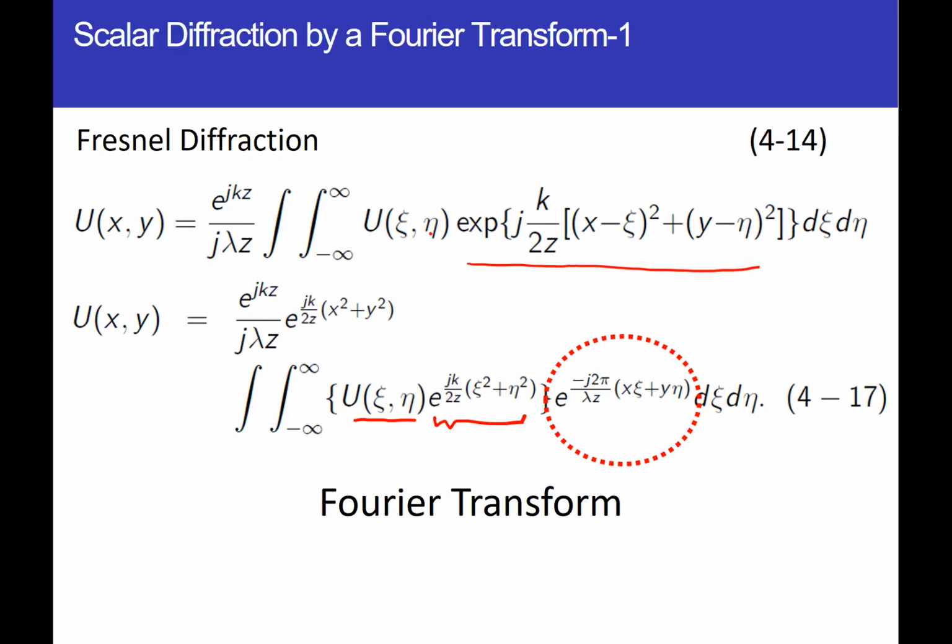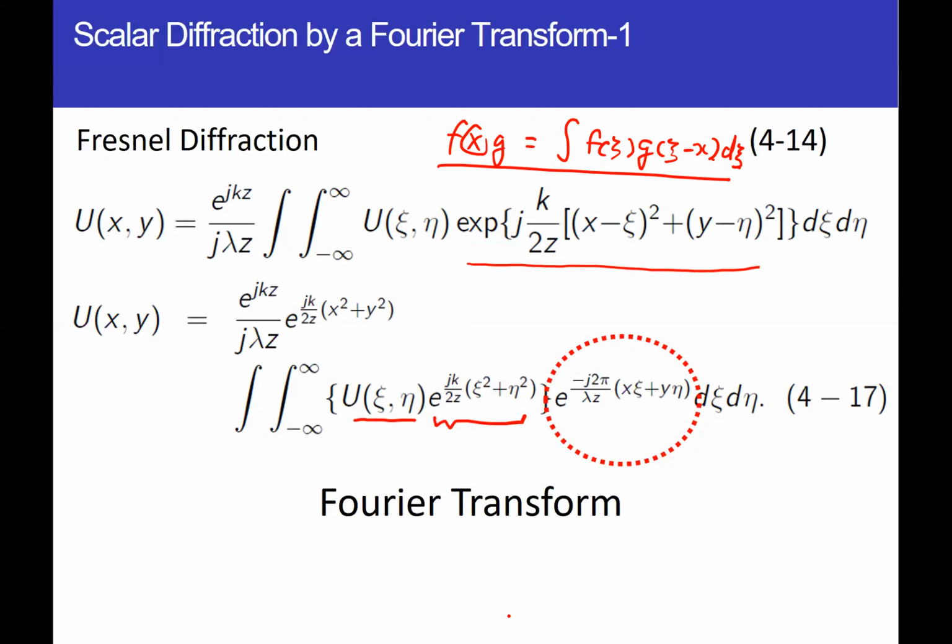So we have xi, eta and x minus xi, y minus eta, right? So that we get this. This is nothing but a convolution, right? Convolution of f, integral f, okay. So this is what we have.